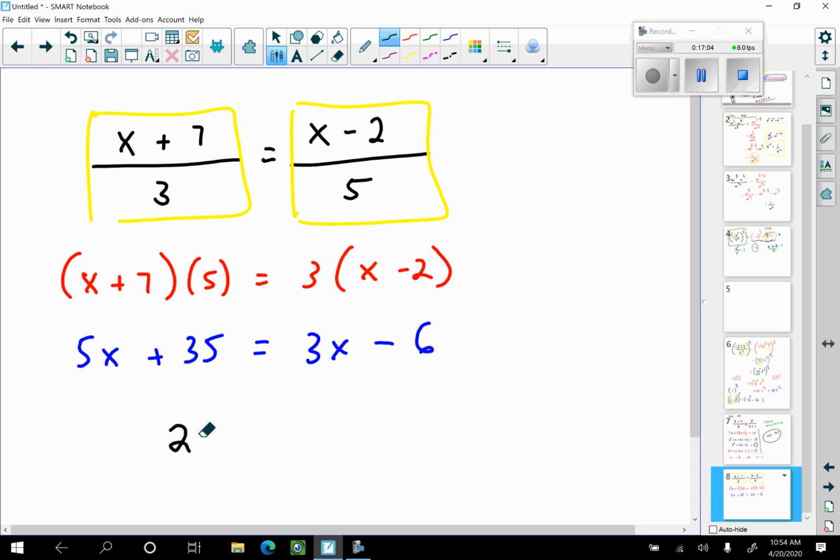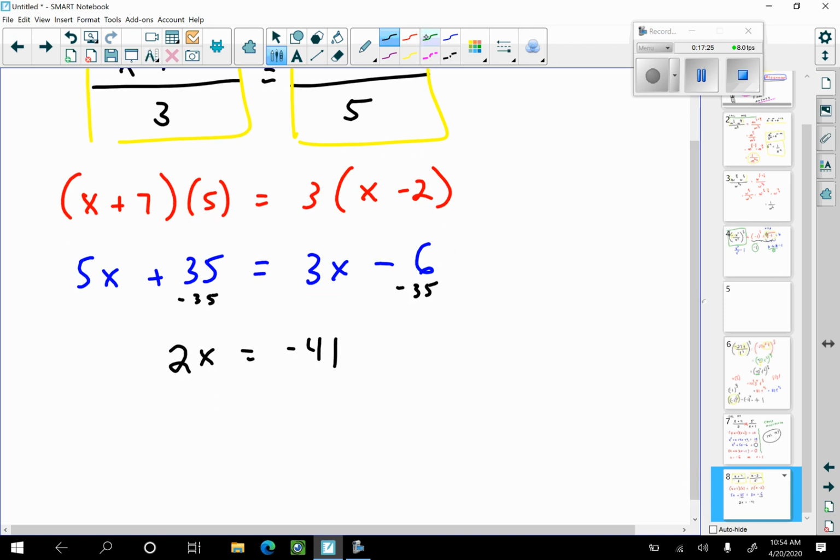I have 2x, 5x minus 3x, and I have negative 6 minus 35 is negative 41. And if I subtract 35 on both sides, I have 2x equals negative 41. And what in the heck is x? Then we know x is equal to negative 41 over 2.